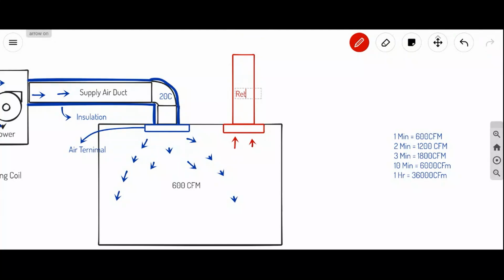return air. Okay, so you supply 600 CFM and remove the 600 CFM.